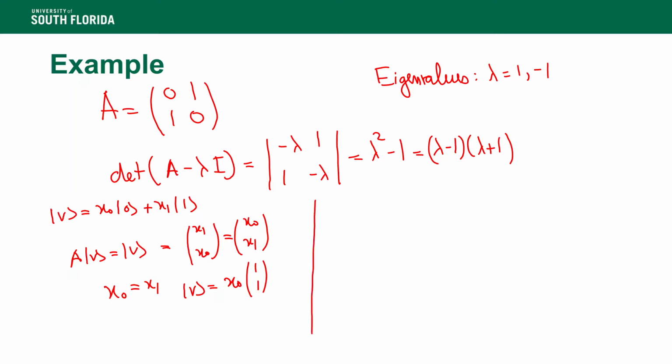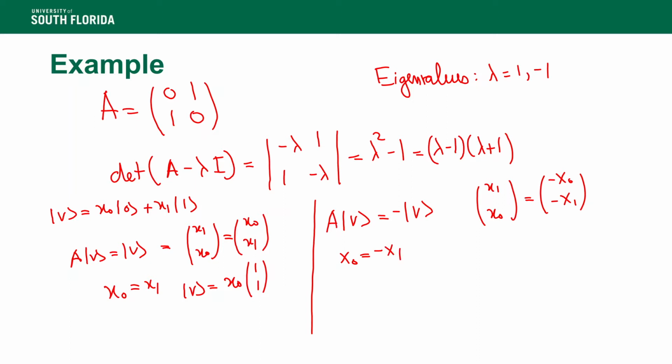Now, on the other hand, what if we want to find the vectors that satisfy A times V equals minus V? So what do we have here? We have that it must be that (x1, x0) equals (minus x0, minus x1). So this forces x0 to be equal to minus x1, okay?